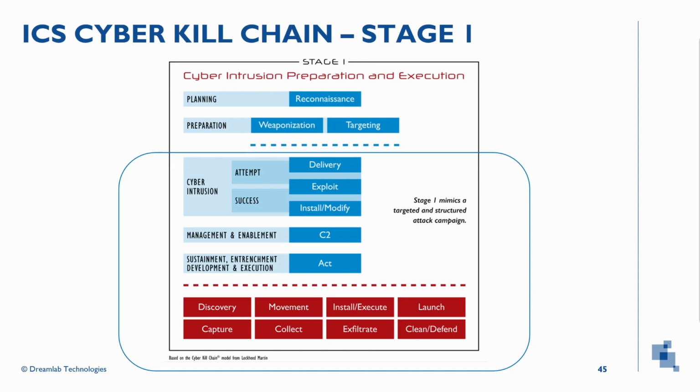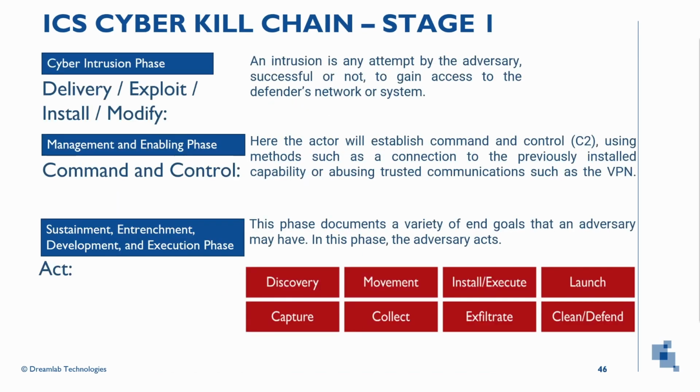Now we go to the next step: cyber intrusion, management, enablement, and sustainment, entrenchment, development, and execution. Basically, this is the moment when we can act. So we can deliver, exploit, install, or modify to gain access to the system of the victim.